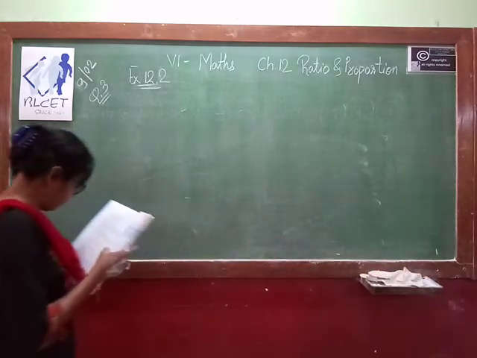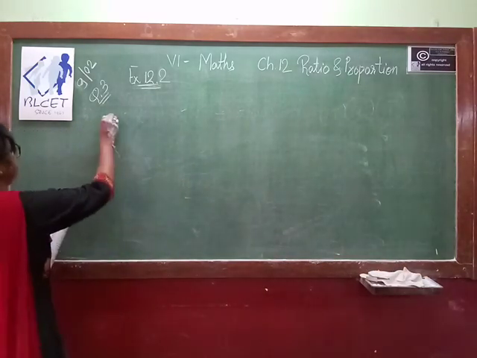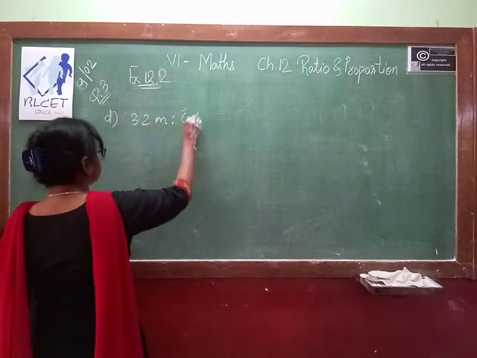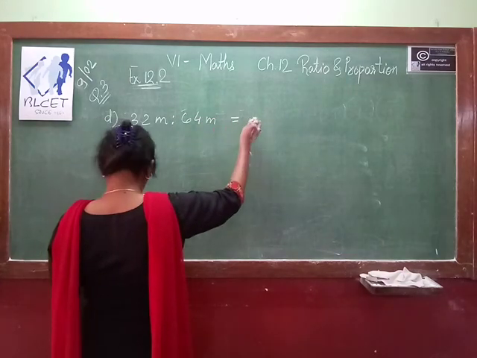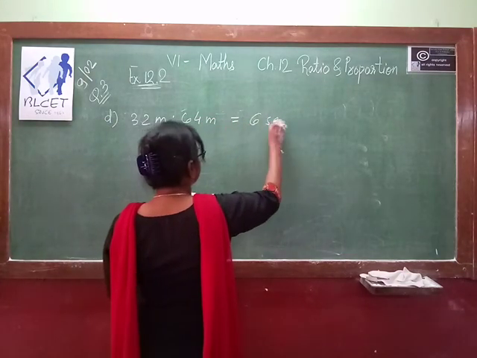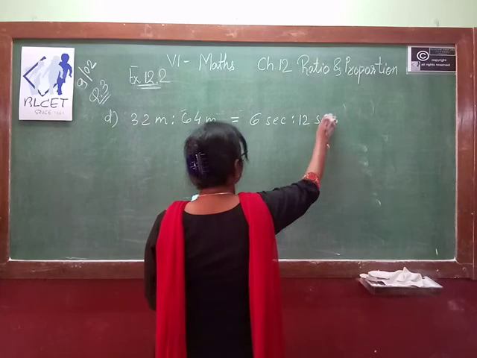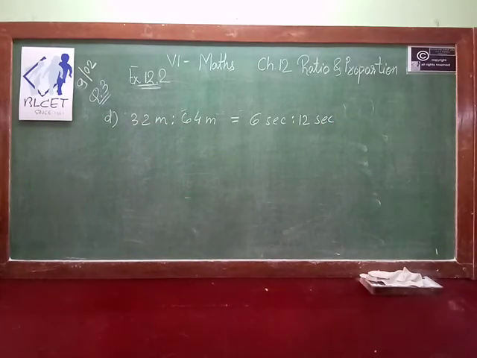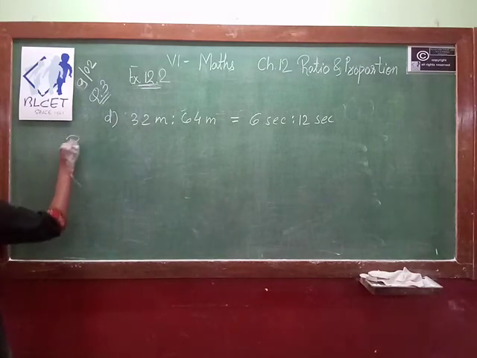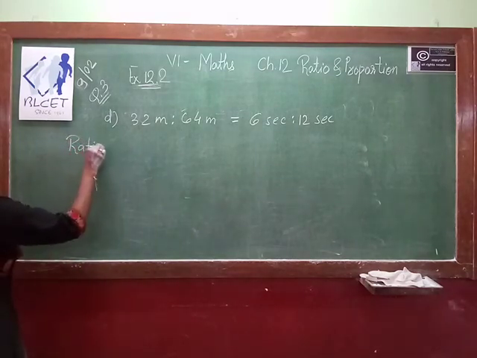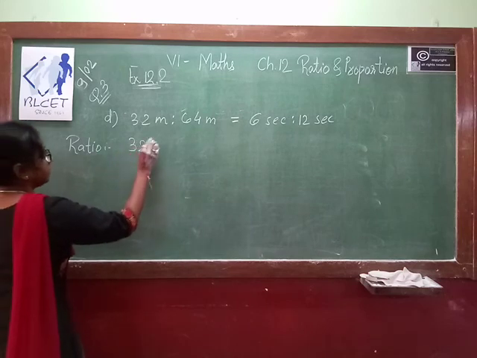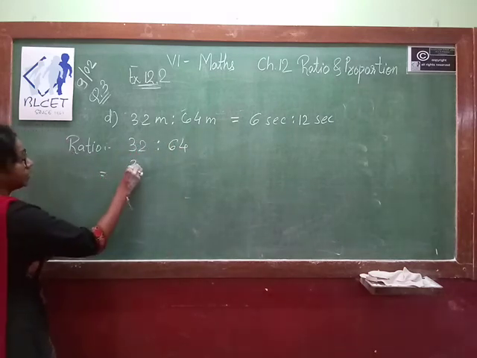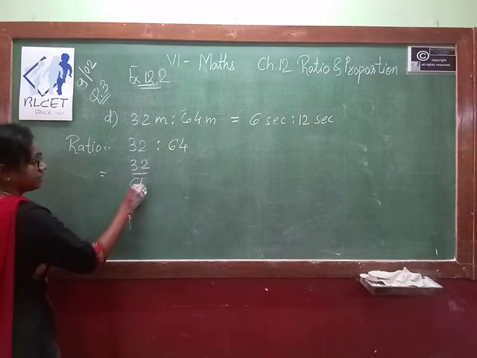So now we will do the D question. 32 meters is to 64 meters, which is equal to 6 seconds is to 12 seconds. Okay, now we find the ratio. 32 meters is to 64, which is equal to 32 divided by 64.